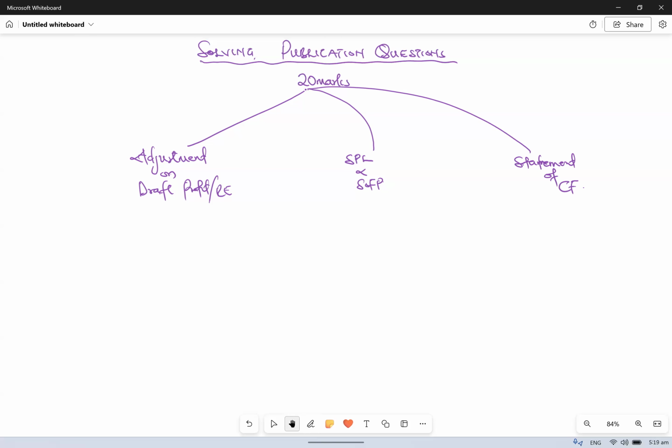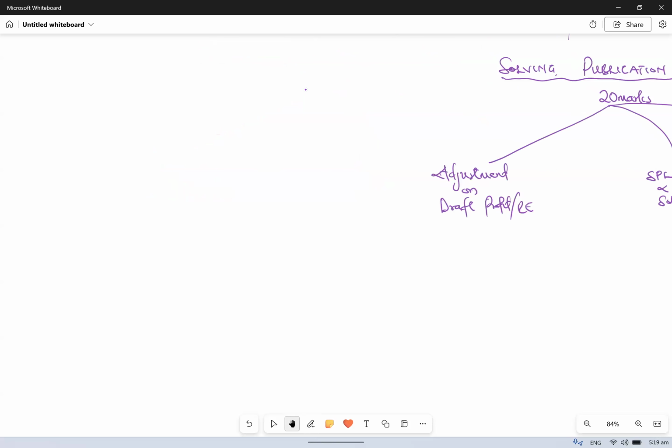the exams proper. Because we all know that in your exams these days, your question 1 is consolidation, a full one for 20 marks. Your question 2 is standards, also for 20 marks.